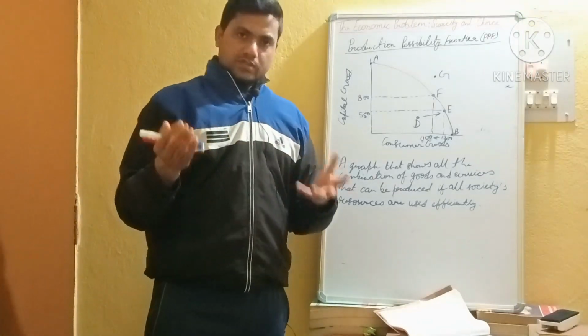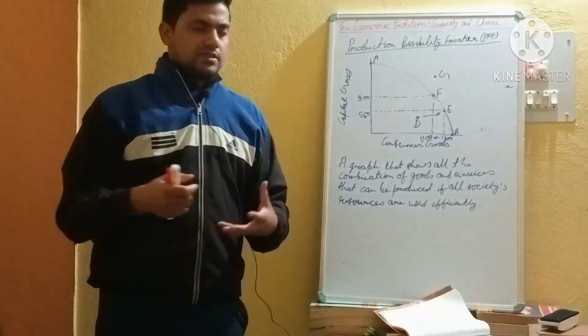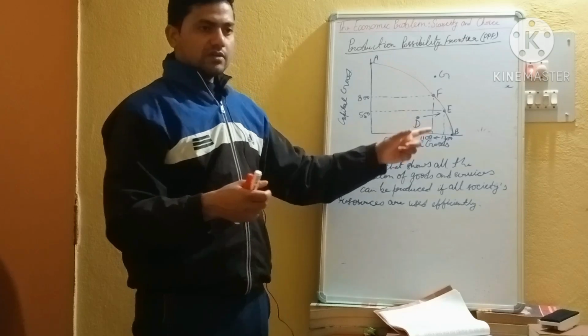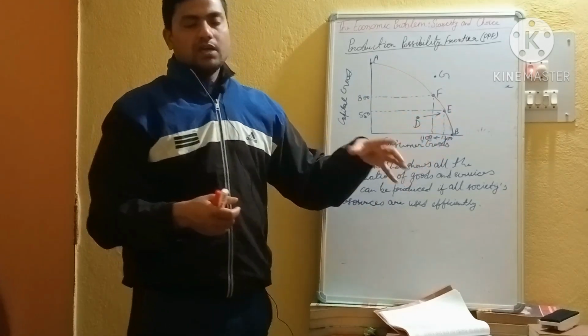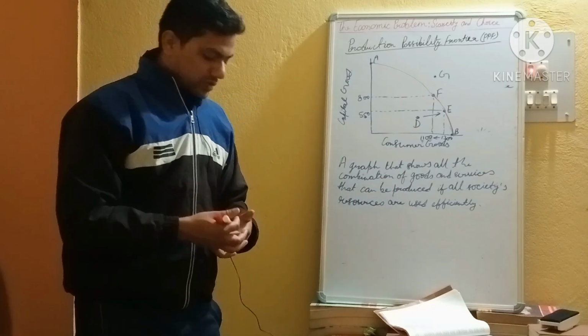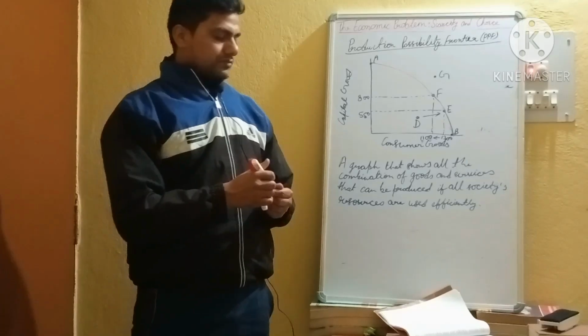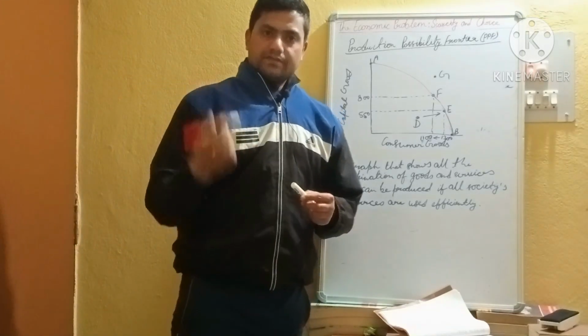Those combinations are possible, but not efficient. And if we are on this production possibility frontier, on this line, like points E and F, then those combinations produced by using resources are efficient.